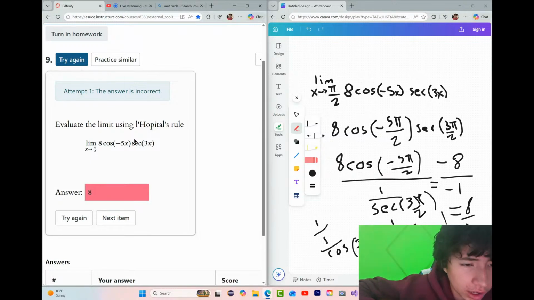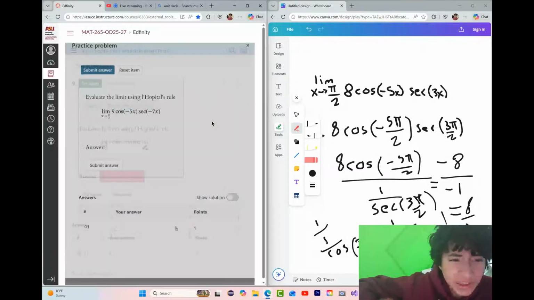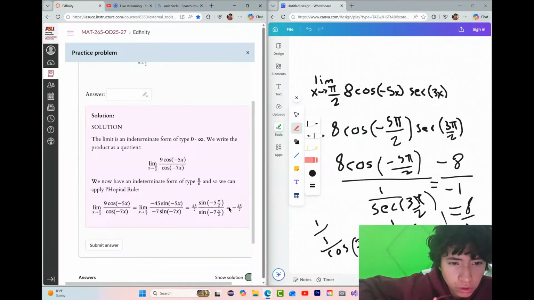Wait, but I'm confused. It says evaluate the limit using L'Hopital's rule, as if we need to use L'Hopital's rule. Wait, so we don't check if the limit gets to an indeterminate quotient? Oh, no, that should work. So do we immediately use L'Hopital's rule?